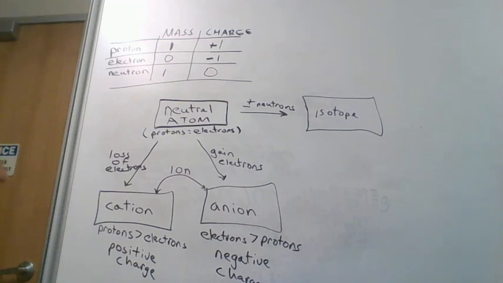So remember that the number of protons that an atom has determines what element it is. That's what differentiates one element from another, the number of protons. For example, carbon always has 6 protons, so its atomic number is 6, which is characteristic of the given element.